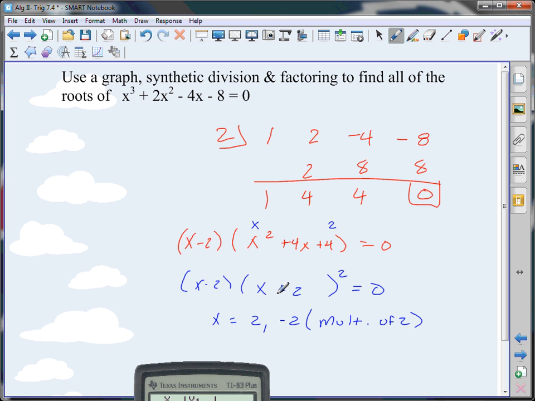It's actually x plus 2, x plus 2. If I were to do that, I have 2, negative 2, and negative 2. Instead of writing multiplicity, I could also write negative 2 again. Yeah, it will be cubed. So that would be multiplicity of 3.